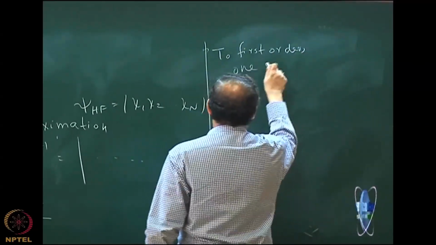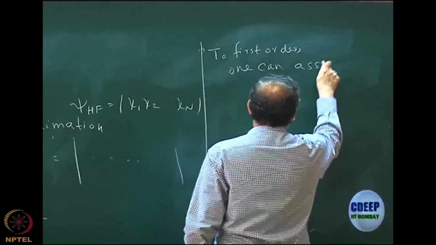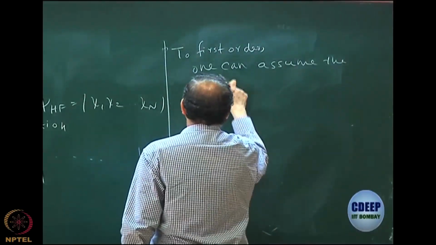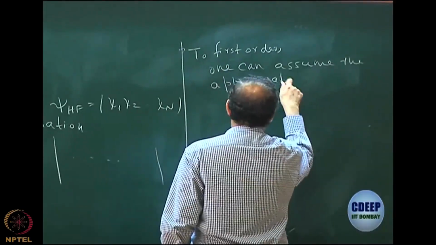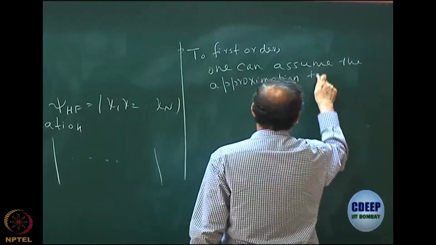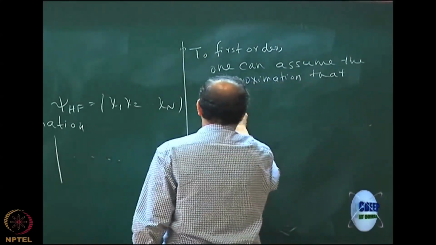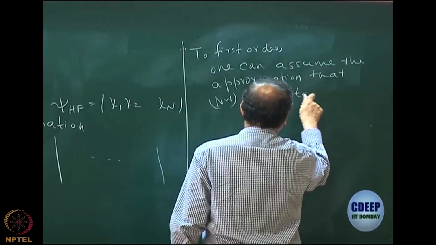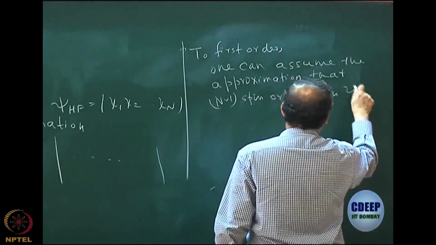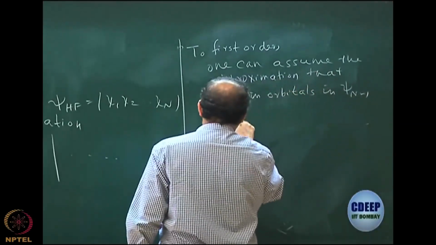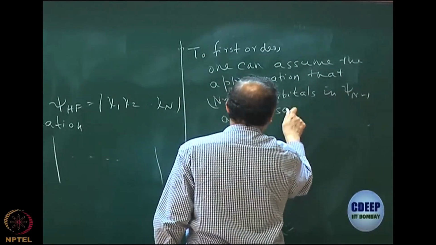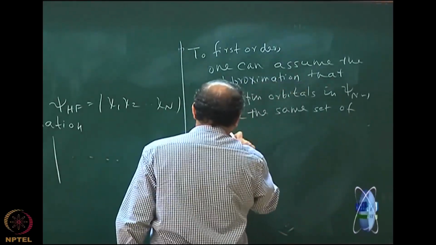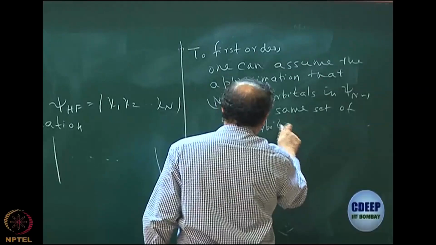one can assume the approximation that the n minus 1 spin orbitals in psi n minus 1 are the same set of spin orbitals in the n electron problem, except chi j.